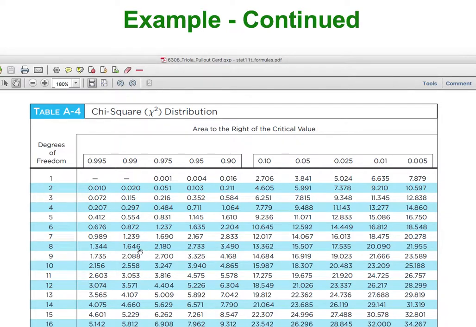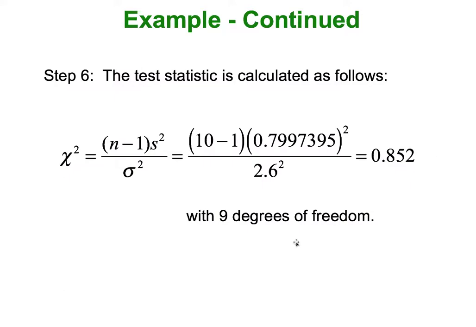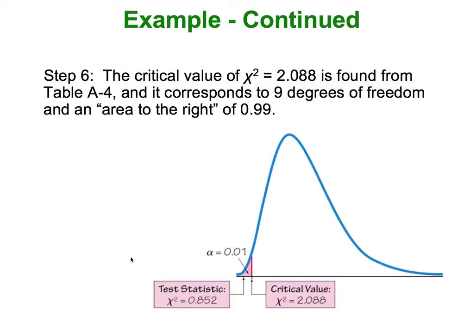The area to the right of the critical value is 0.99, since the area to the left is our alpha, 0.01, and our degrees of freedom are 9, so our critical value is 2.088. Sorry about that little stumble. Here's the distribution, and here we have the critical value placed, 2.088, and the test statistic, 0.852.